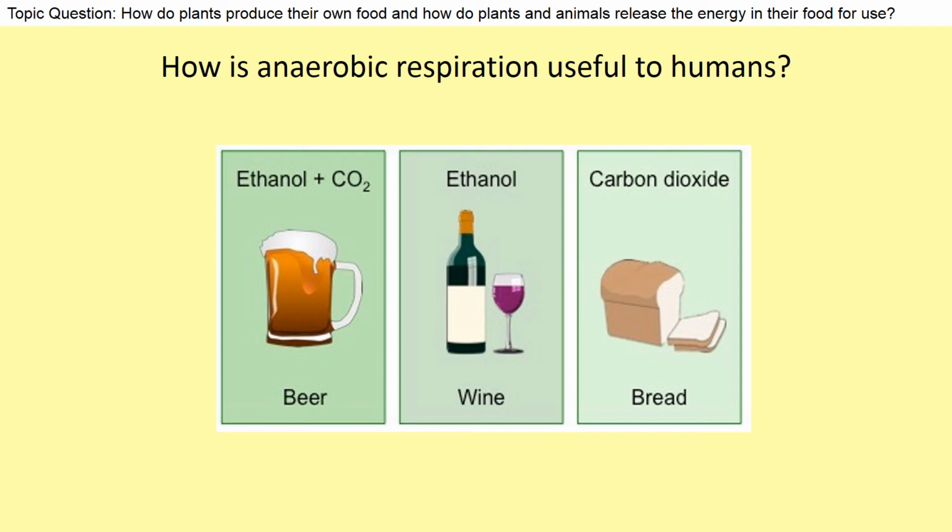So when yeast respires anaerobically, we can use that to make alcohol, such as beer and wine, and it helps bread rise. So when you leave the bread to rise, it is the yeast respiring that gives that carbon dioxide, and that's what forms the bubbles that give bread the texture that it needs.